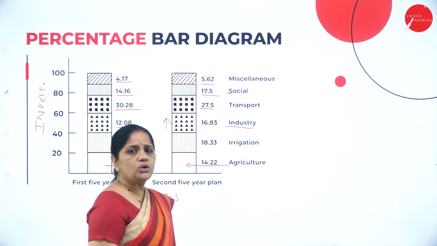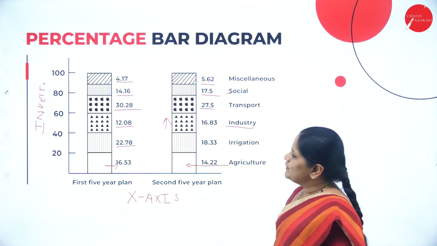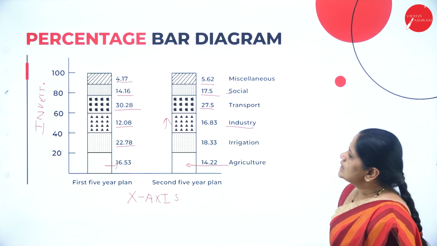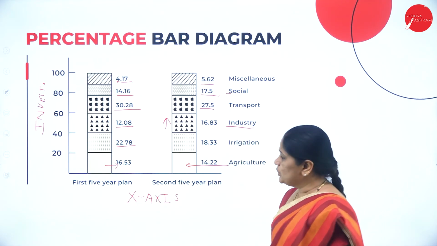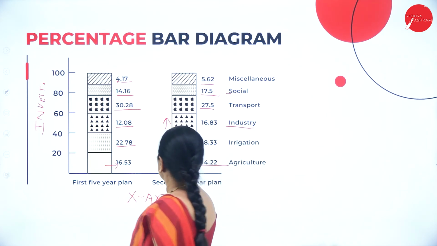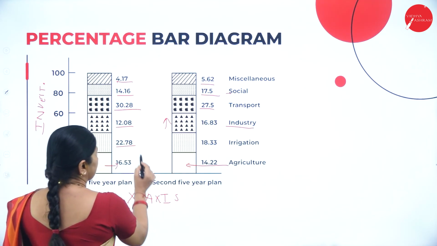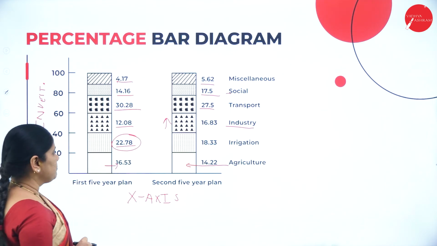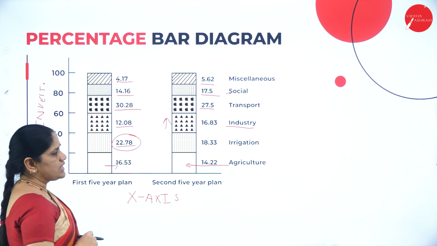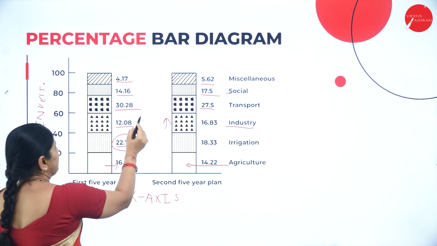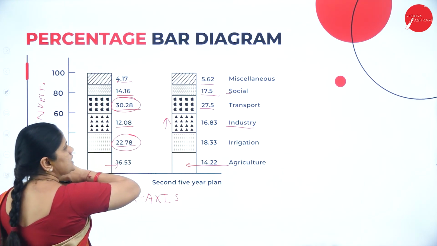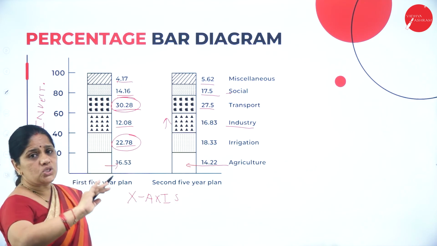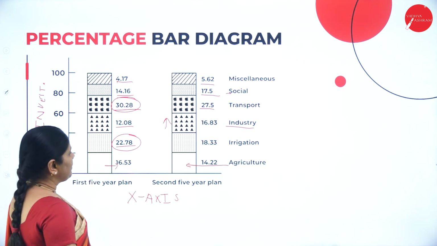Now, when we go through this diagram itself, we will be able to assess what is the importance given to each sector. So, the highest importance has been given to the irrigation sector in the first 5-year plan. So, proper irrigation facilities were given, and in addition to that, even the transport sector was given a boost in the first 5-year plan.